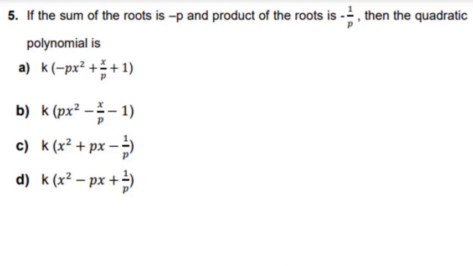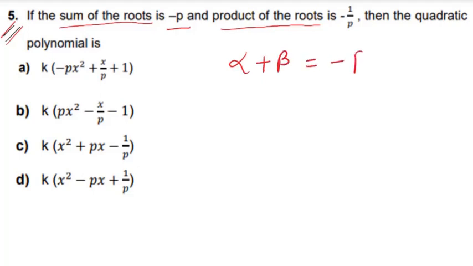Question number 5: the sum of the roots is minus p and the product of the roots is minus 1 upon p. So the sum of the roots, alpha plus beta, is minus p, and the product of the roots, alpha into beta, is minus 1 upon p.